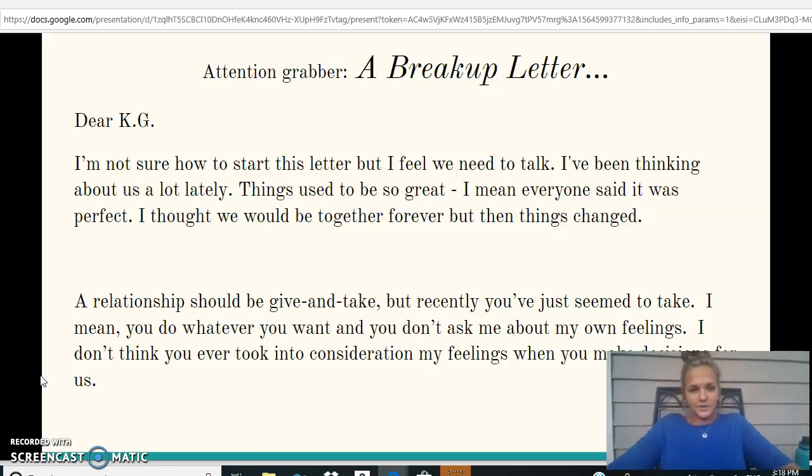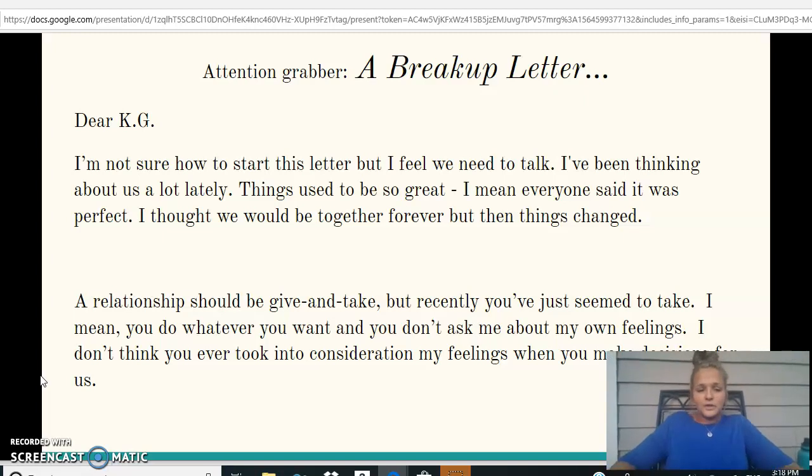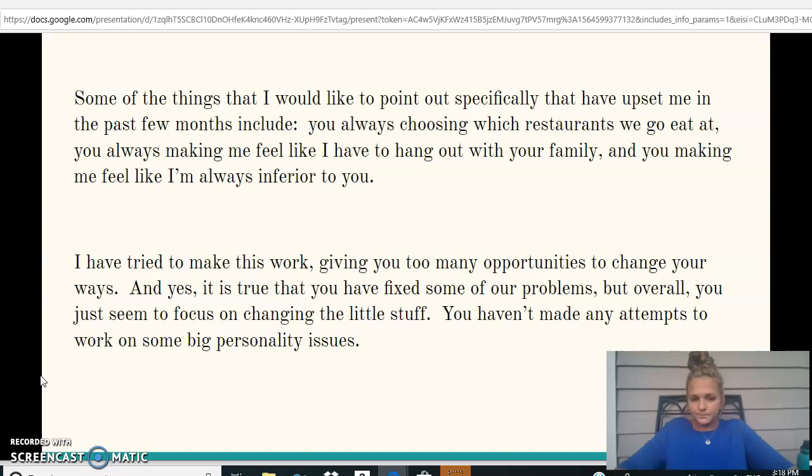Dear KG, I'm not sure how to start this letter, but I feel we need to talk. I've been thinking about us a lot lately. Things used to be so great. I mean, everyone said it was perfect. I thought we could be together forever, but then things changed. A relationship should be give and take, but recently you've just seemed to take. I mean, you do whatever you want and you don't ask me about my feelings. I don't think you ever took into consideration my feelings when you make decisions for us.